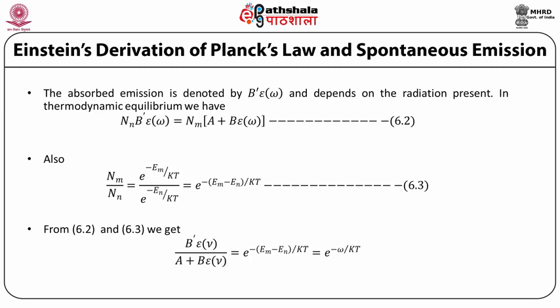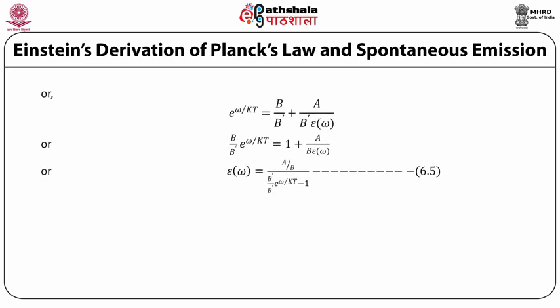From 6.2 and 6.3, we get B prime epsilon over A plus B epsilon is equal to exponential minus omega by kT. Or exponential omega by kT is equal to B over B prime plus A over B prime epsilon. Or B over B prime into exponential omega by kT is equal to 1 plus A over B epsilon.